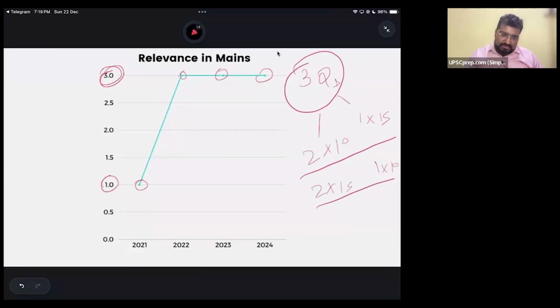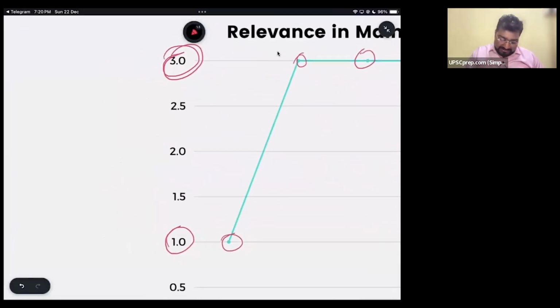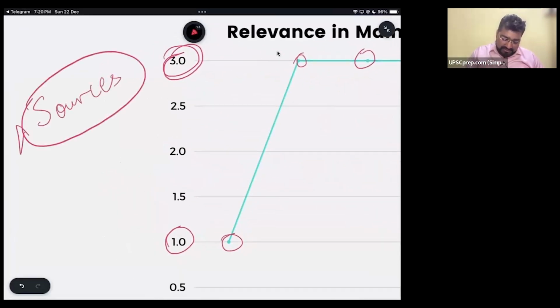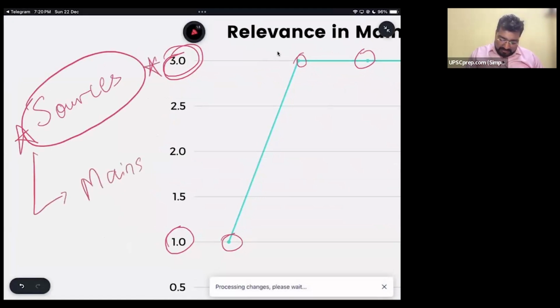Now we will discuss the sources. Again, I'm repeating, many students had doubts with respect to the sources for ancient, medieval, and art and culture, particularly for mains. Is there anything extra to read for mains?